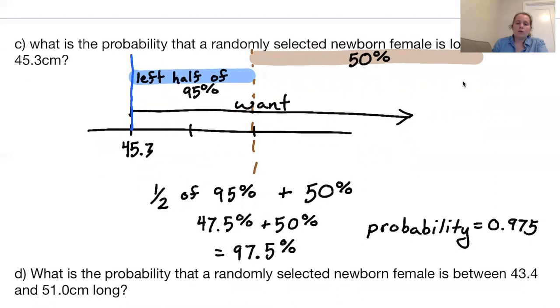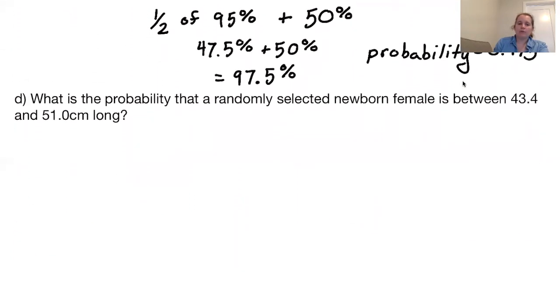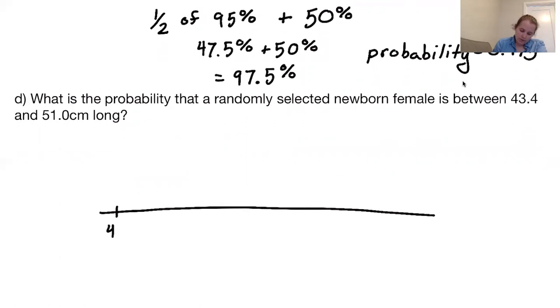And let's do one more. The last one, we are looking for between 43.4 and 51 centimeters. So 43.4 was 3 hops left of the mean. And 51.0 was 1 hop to the right of the mean.